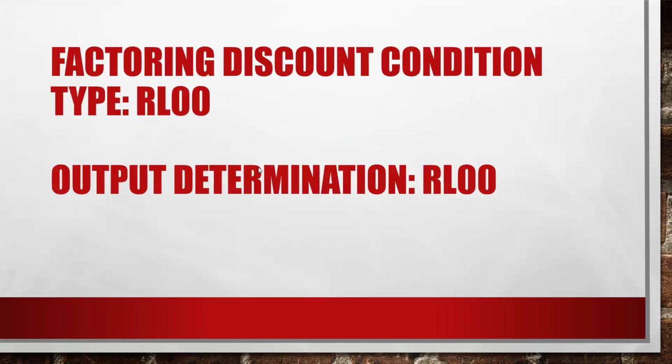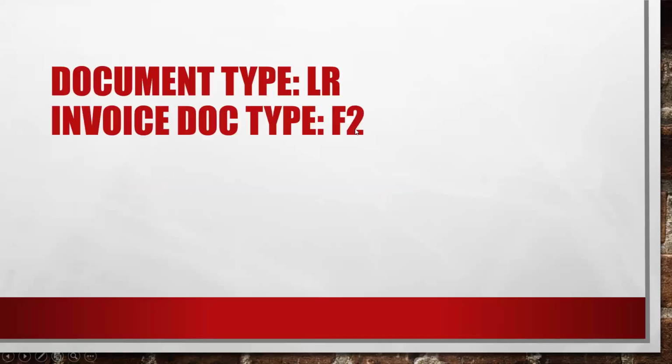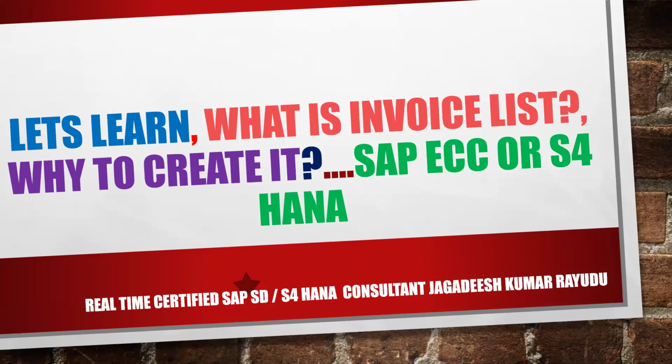Okay, so the factoring discount condition type is RL00, and to print, the output determination is RL00. Okay, sorry, this is LR00, it's a print mistake. Let me correct this. A letter difference I have corrected. So let's check all these things in another few minutes.